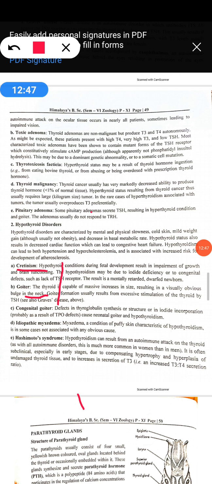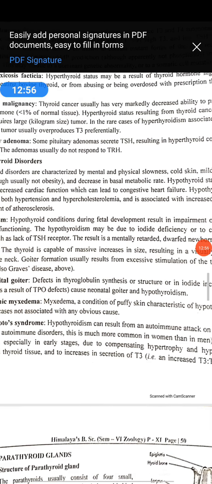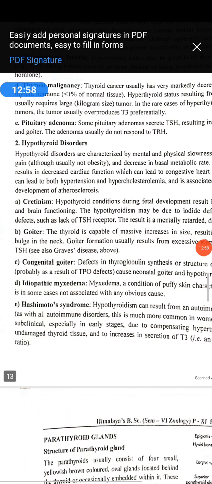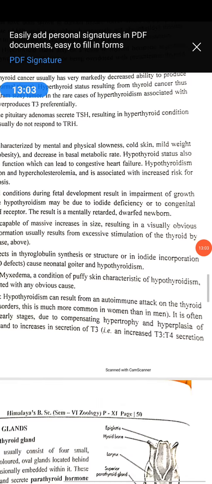The last one is Hashimoto's disease. Hypothyroidism can result from an autoimmune attack on the thyroid gland. It is an autoimmune disorder. It is more common in women than in men.